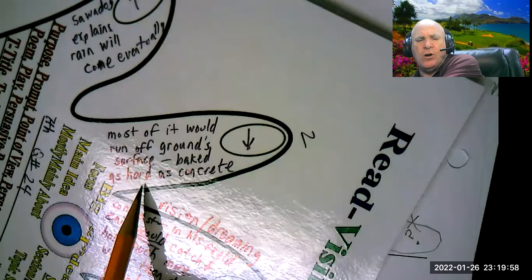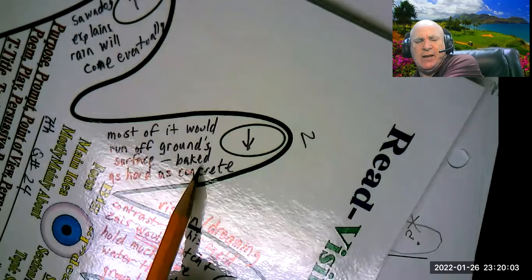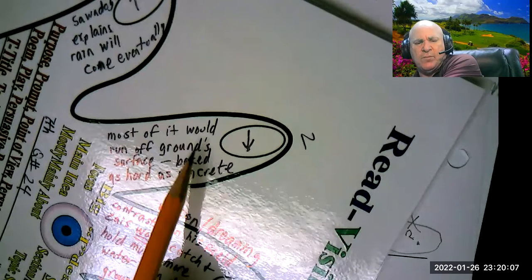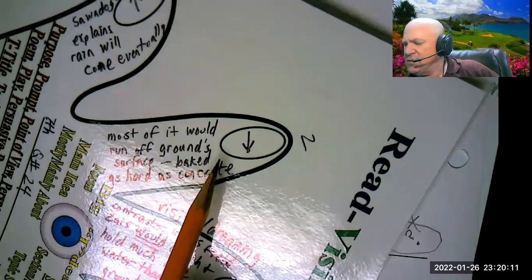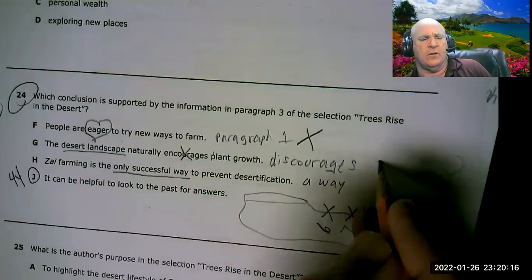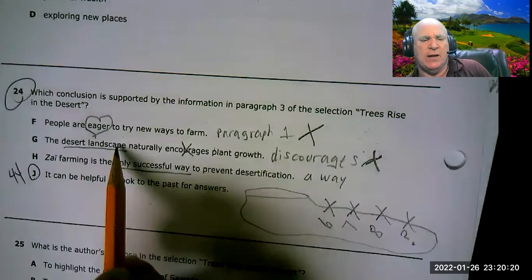So it was so hard, the moisture couldn't even get down to where they planted the seeds. So because of that sentence, it contradicts what a desert landscape would naturally do.